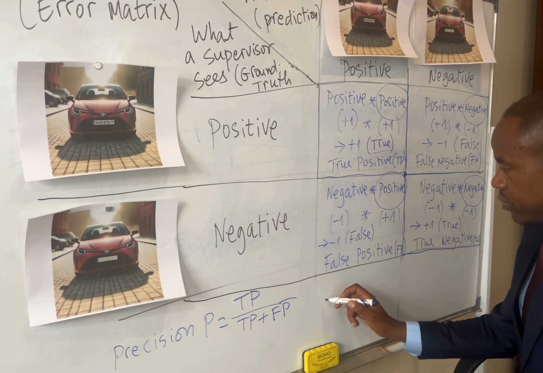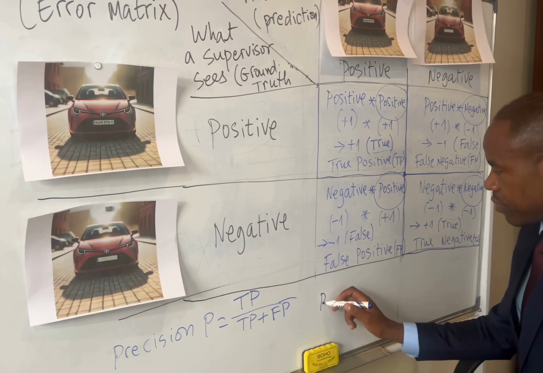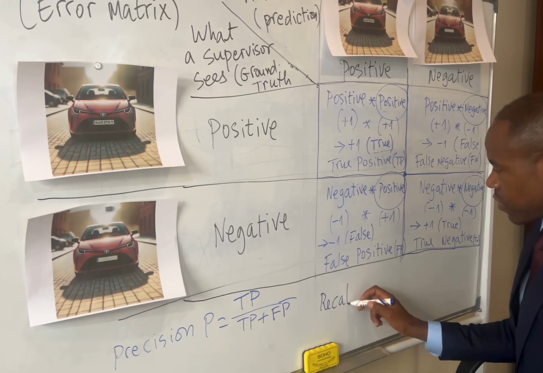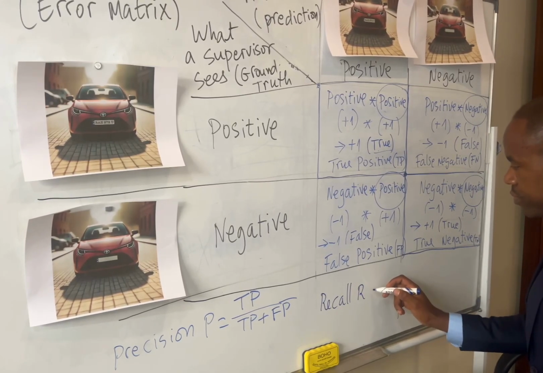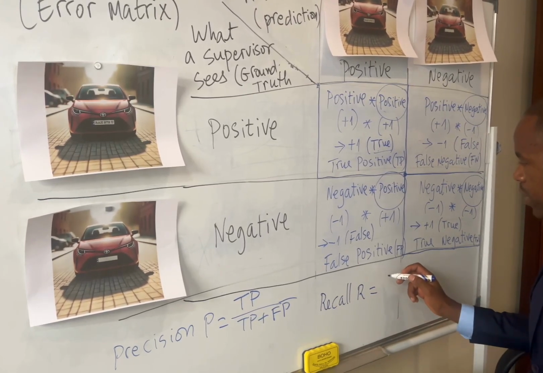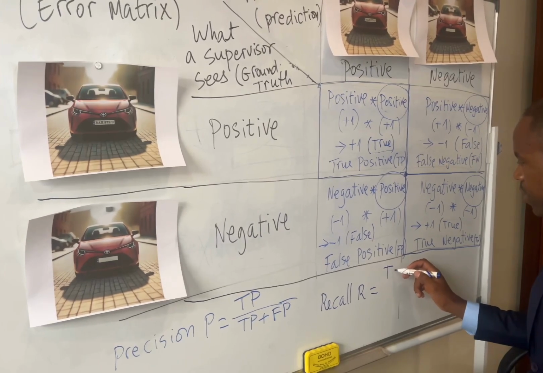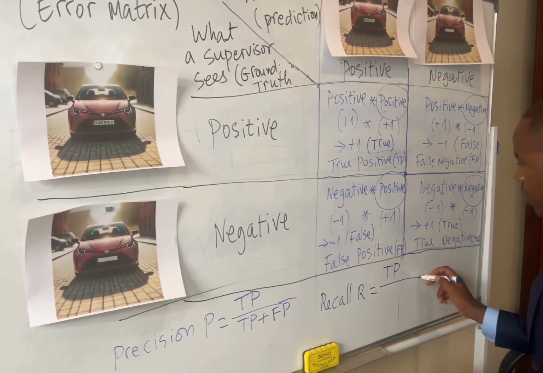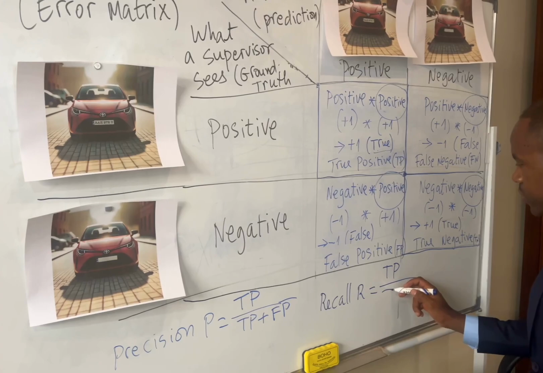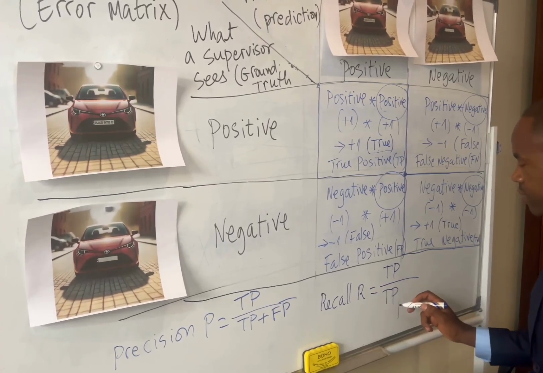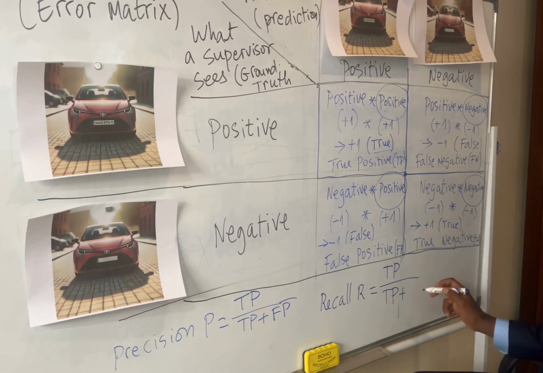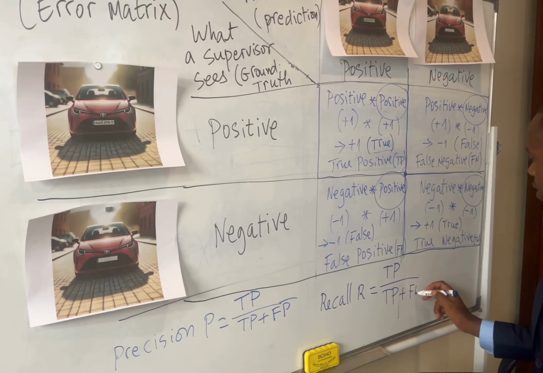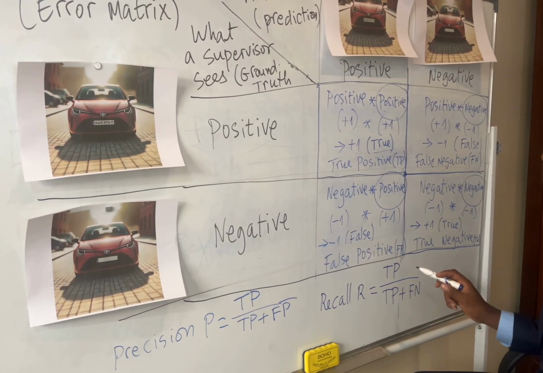As for recall, the formula becomes true positives over true positives plus false negatives.